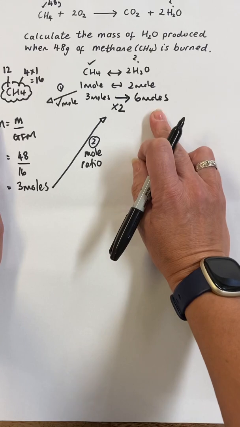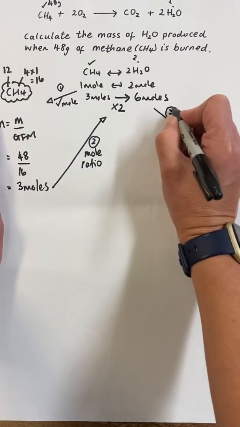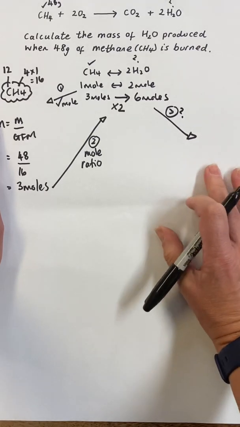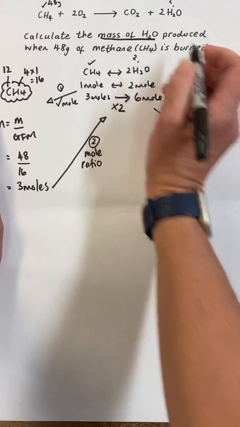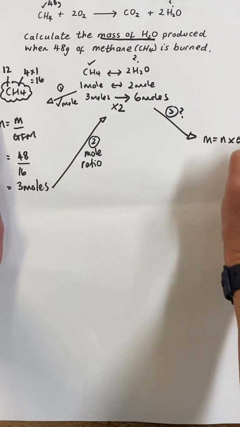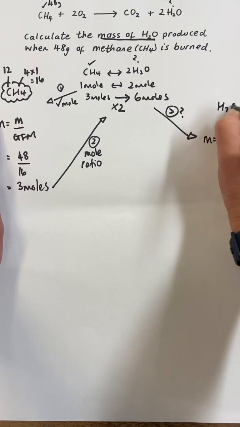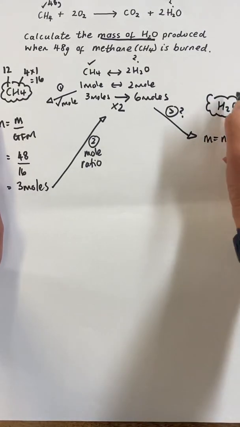The last step in this process is step number 3, and step number 3 goes right back to the question mark. What was I asked to calculate? And I was asked to calculate the mass of water. So m equals n times GFM. So I have water this time. And I look for my GFM of water.